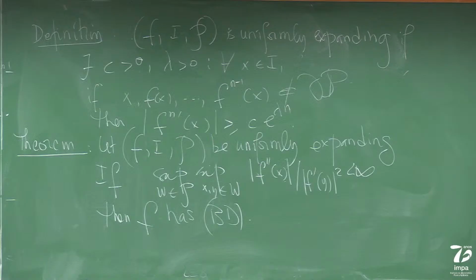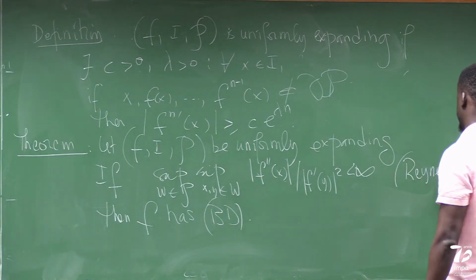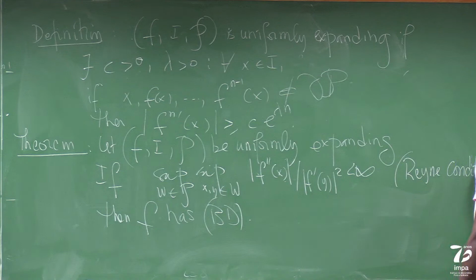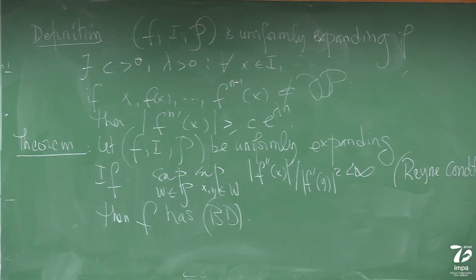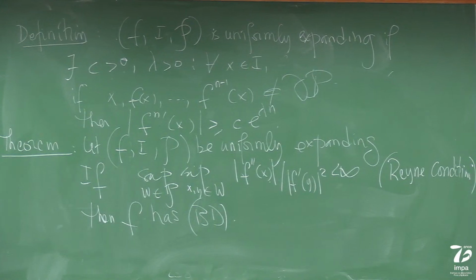In the literature, you can see this is called the Rényi condition. It is used in many studies in one-dimensional dynamics, because bounded distortion is crucial when you want to study anything in one-dimensional dynamics, like finding these measures or these physical measures.